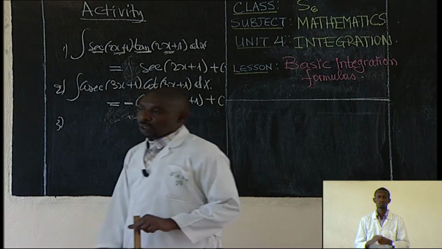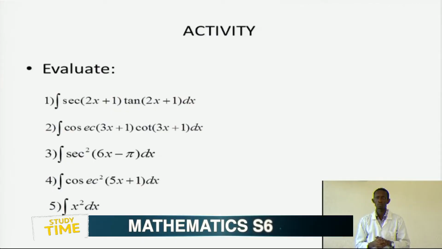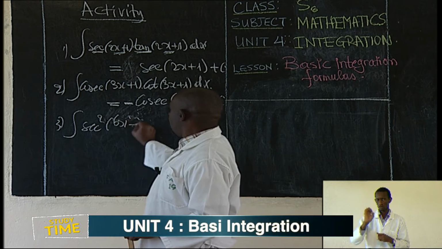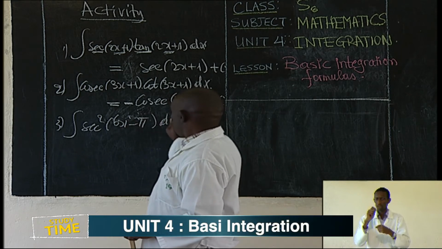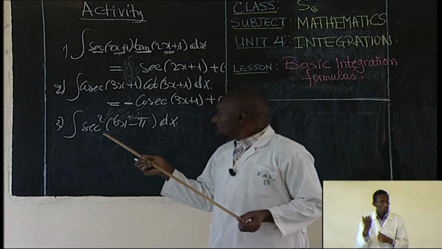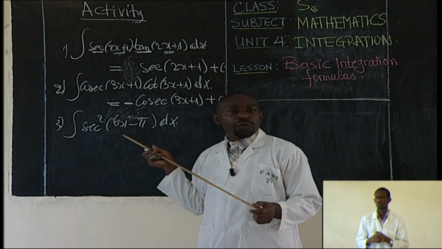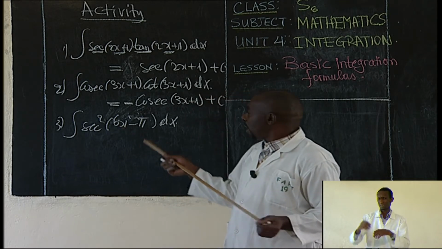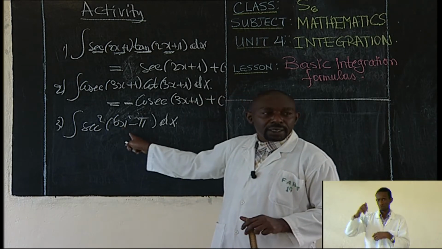Number 3, you have integral of sec squared of 6x minus pi dx. You know that this is the derivative of tan of 6x minus pi. Of course, we have to divide it by a.